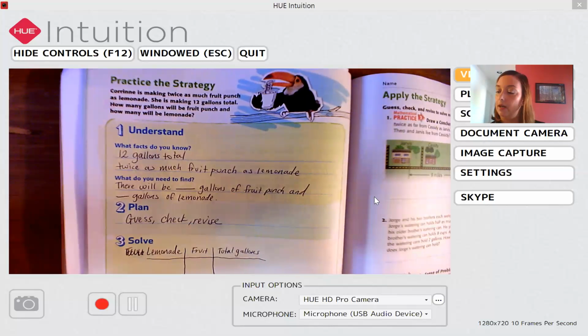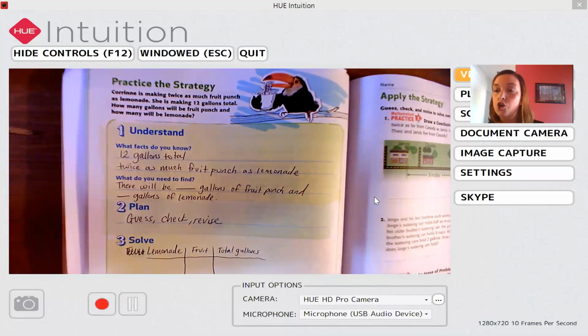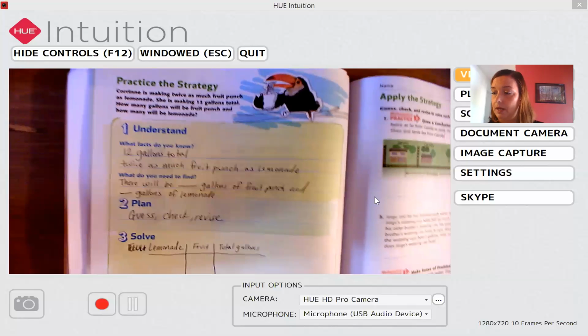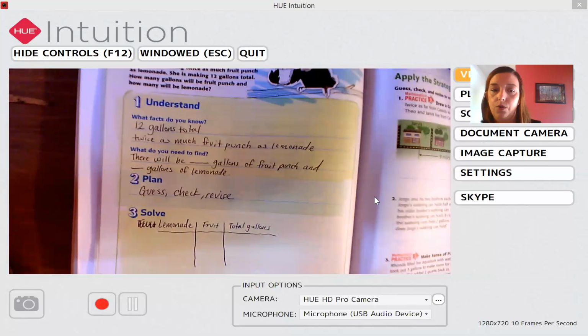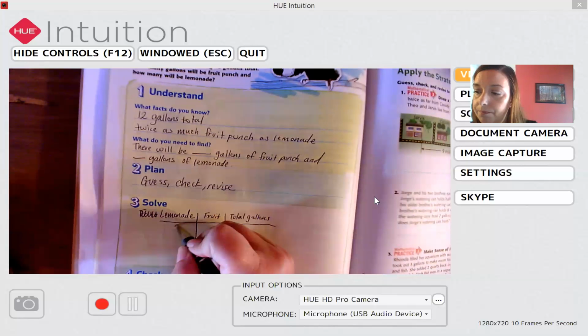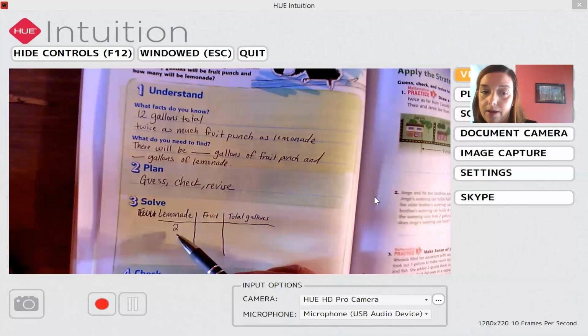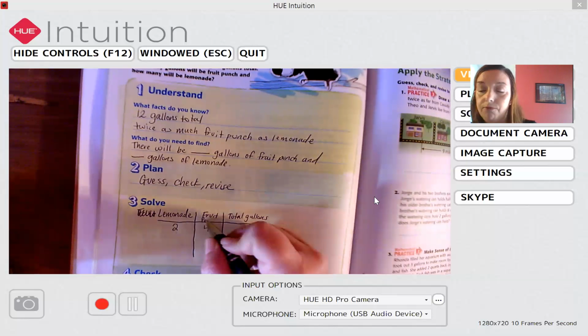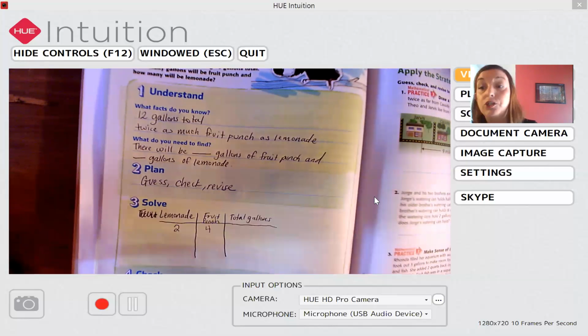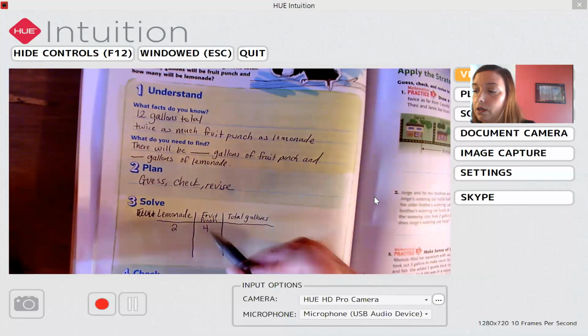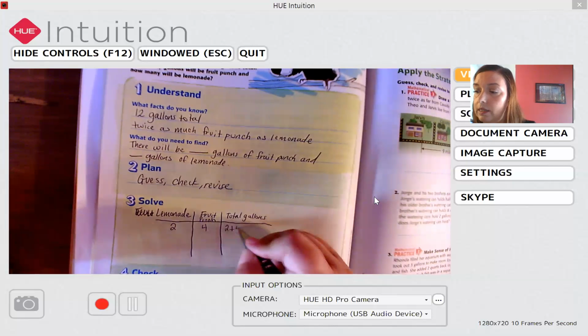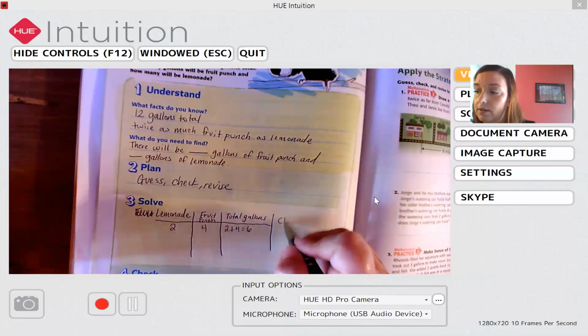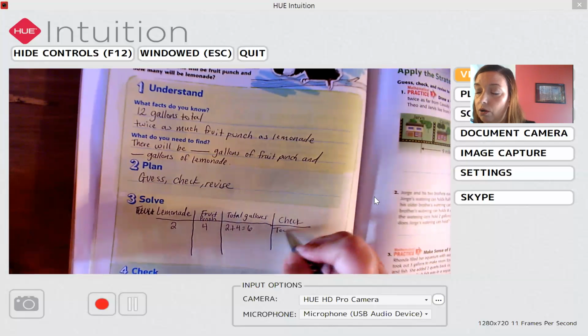So for lemonade, what if I made 2 gallons of lemonade? If I double that, 2 times 2 is 4, so my fruit punch would be 4. So my total gallons would be 2 plus 4 equals 6. So now I need to check, and it is too low. All right, so that's not it.